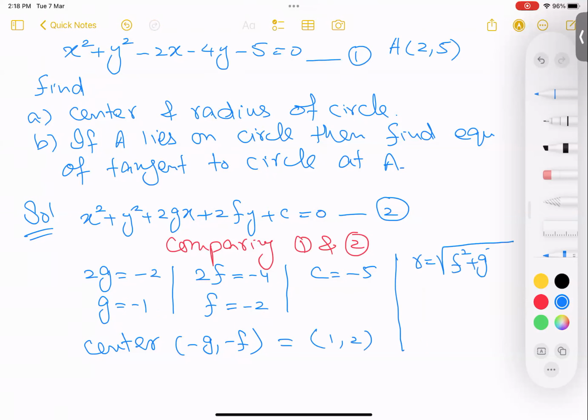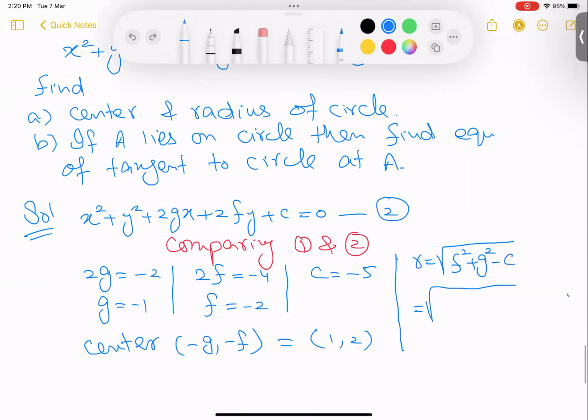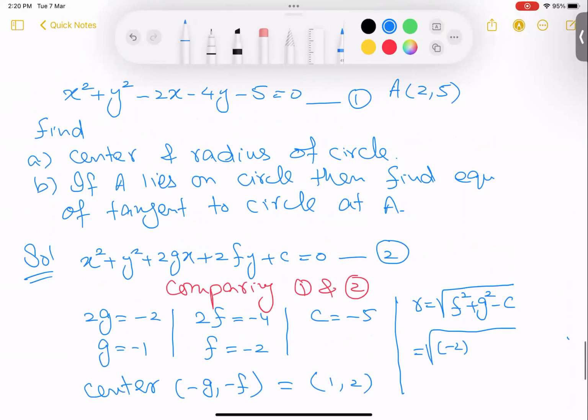I'll explain again the radius formula: root of g squared plus f squared minus c. So let's see how we can find the radius value r. R is equal to root of g squared, plus f squared, where the f value is -2, and then g is -1, and the c value comes from here, which is -5.